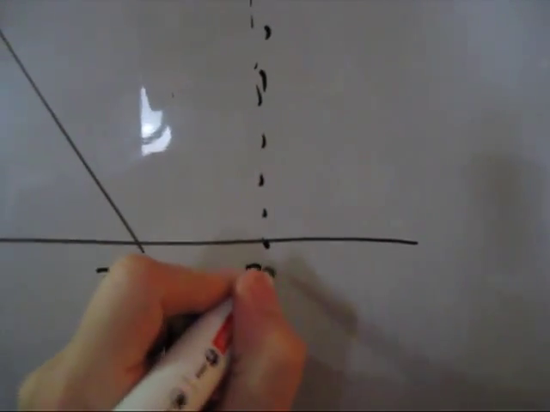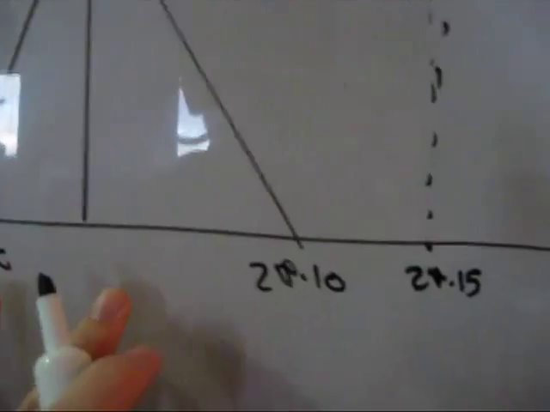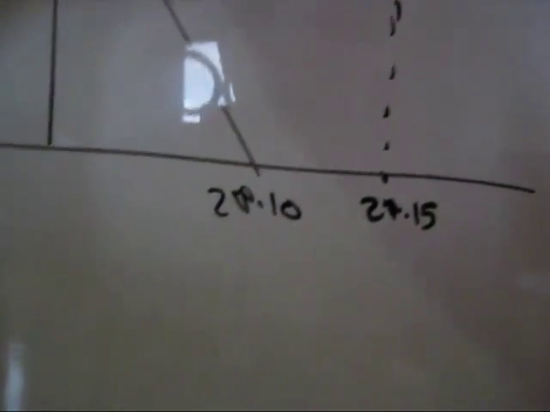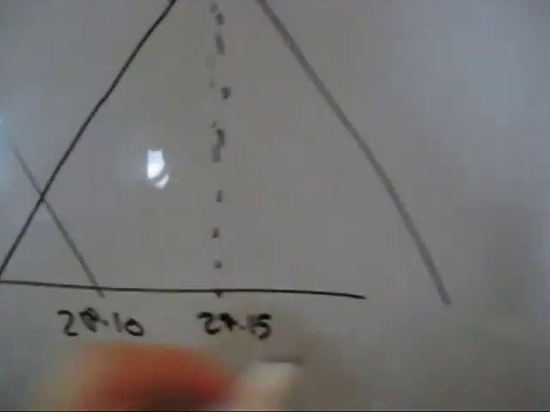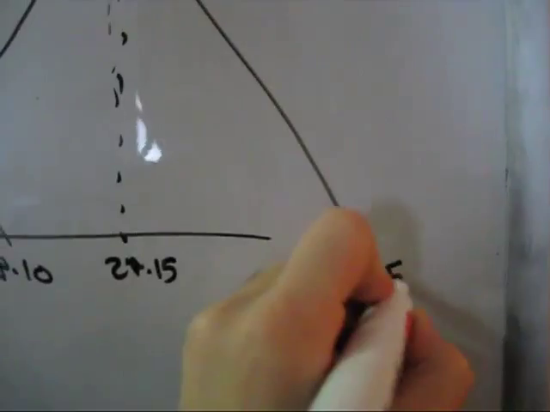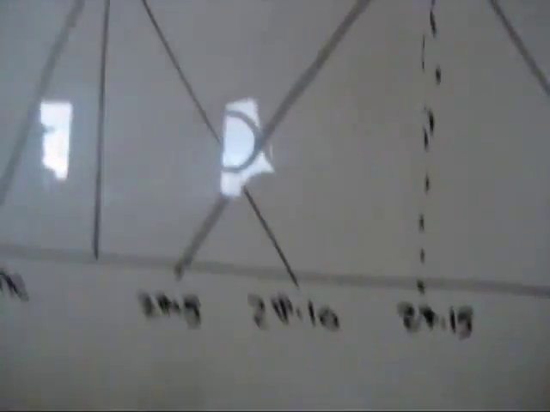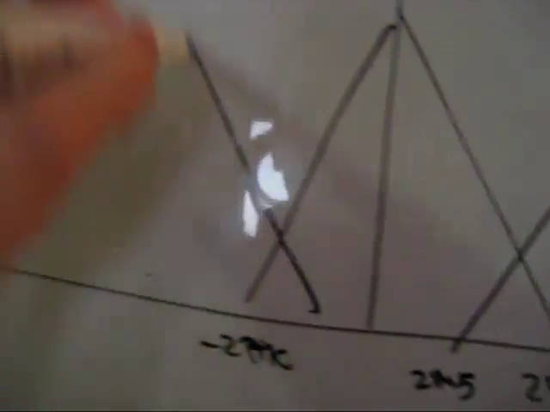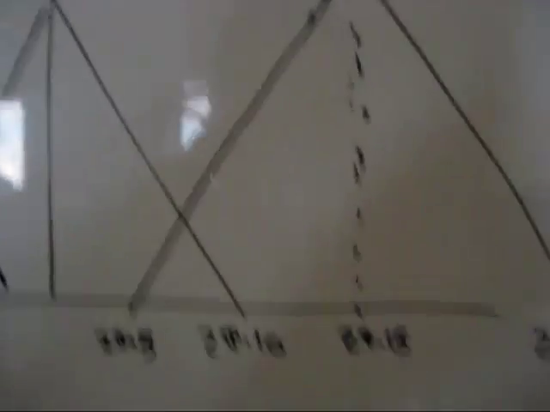So this is going to be 15 hertz, and we know that it's 10 hertz wide, so we come down, and we come down there. So then this is going to be 2 pi 25, and this is 2 pi 5. And then you can do the same thing over there. I'm not going to bother writing that again.